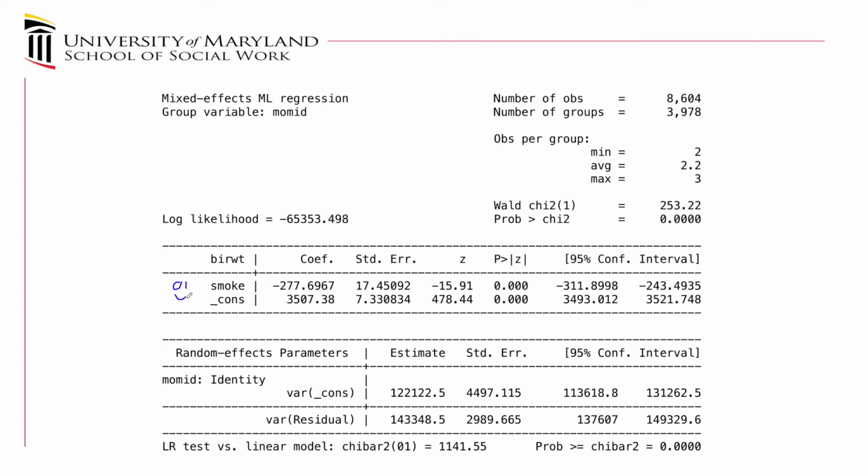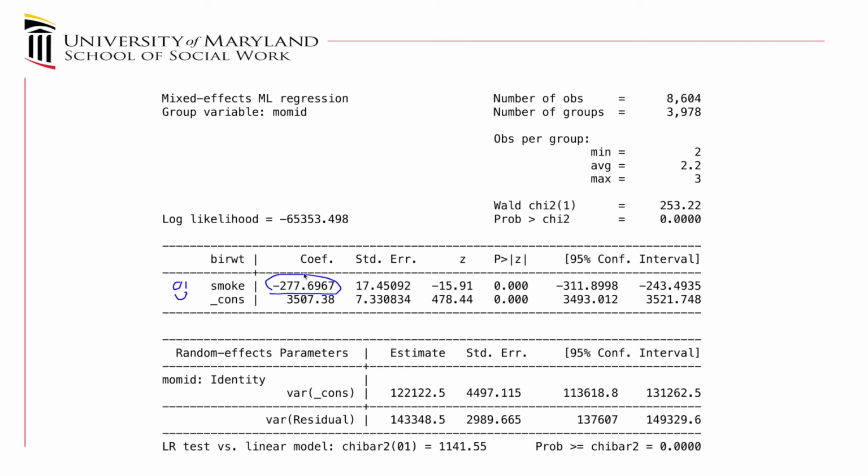So as moms move from non-smoking to smoking, because 1 is smoking and 0 is non-smoking, we have an expected decrease of 278 grams for the birth weight of the baby. So that is the isolated effect here in this model for the consequence of smoking.